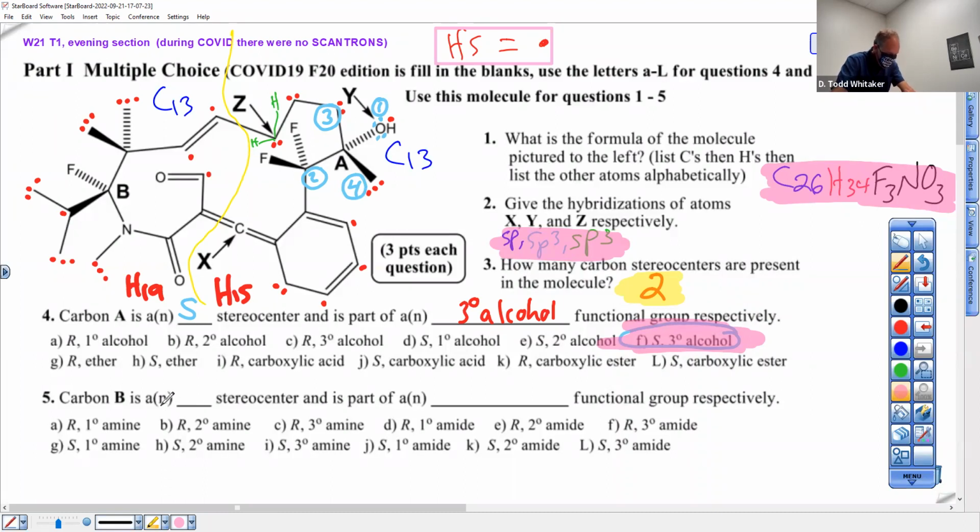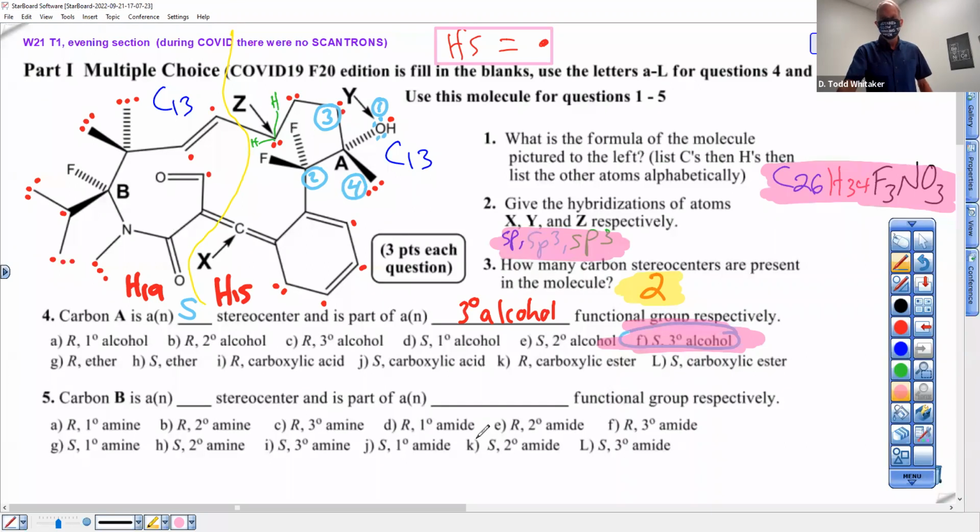And let's go for B. B is attached to a nitrogen, so it's either an amine or an amide. I hope it's clear it's either an amine or amide. You're told that with all the answers, right? Which one of those 2 names, amine or amide, has a carbonyl attached to the nitrogen? You have to know that.